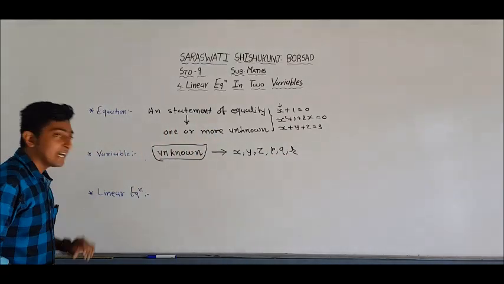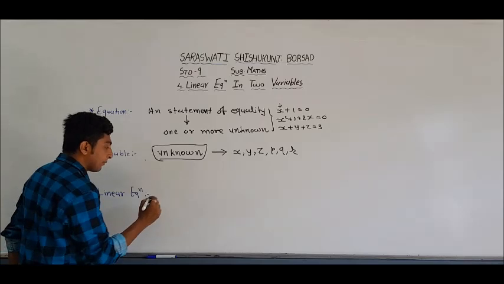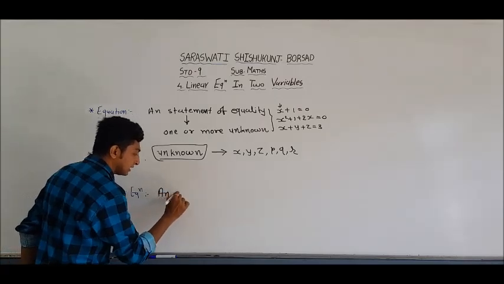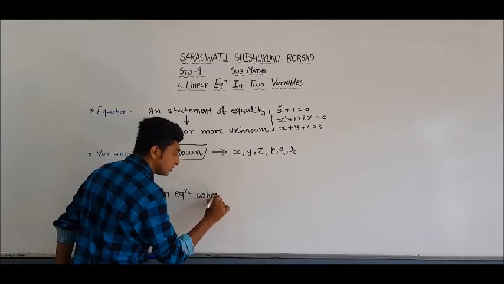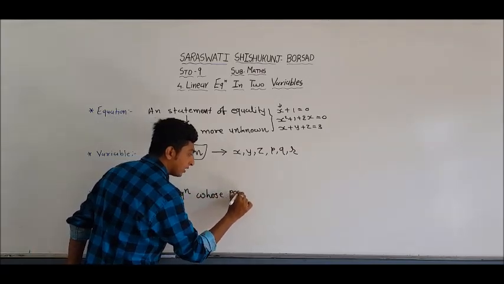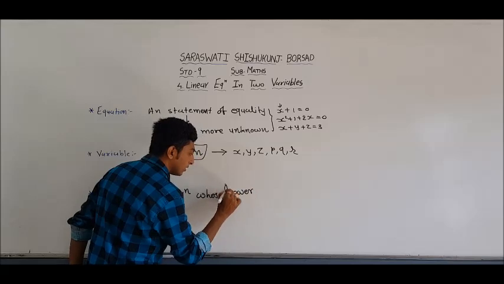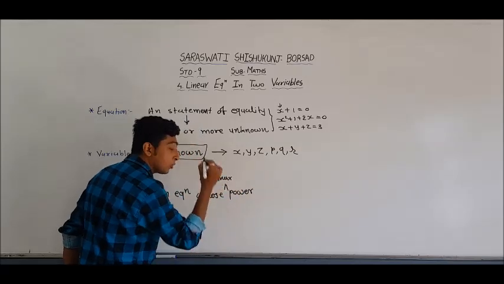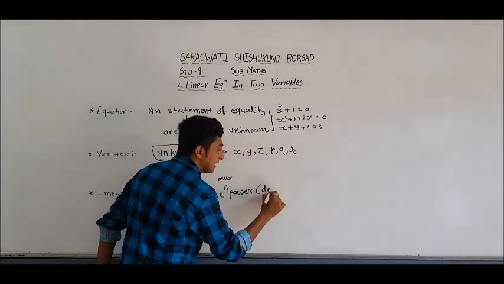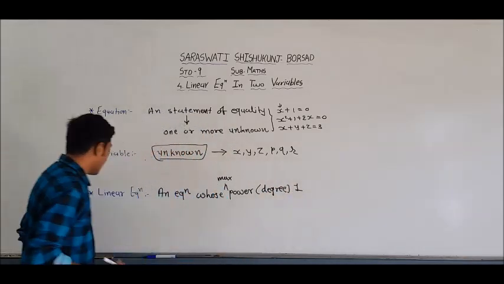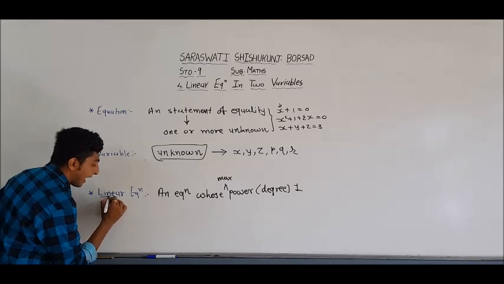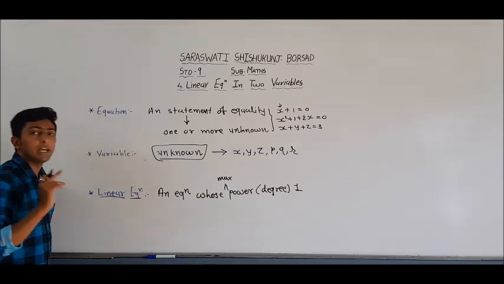Now, what is a linear equation? A linear equation is an equation whose maximum power, or you can say degree, is 1. Here I am talking about only linear equations.